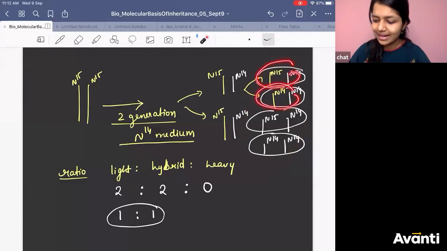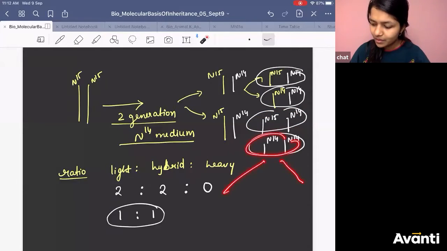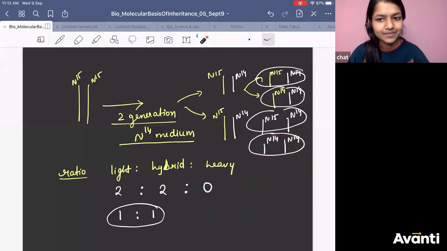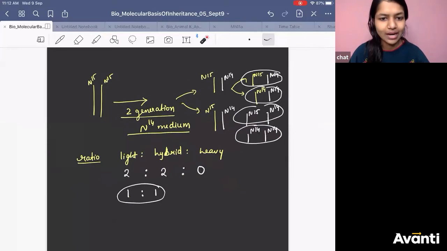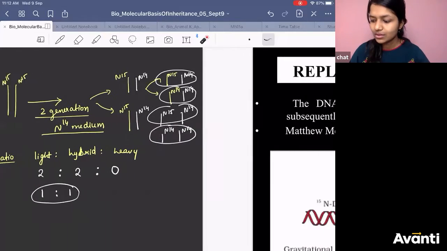Separate it; it will take a lot of time, that is why I am not doing it. These are the parent strands. Separate this and add N14, N14. Separate this and add N14, N14. Now you will get it. If you can't do it, you can come back to me and ask.